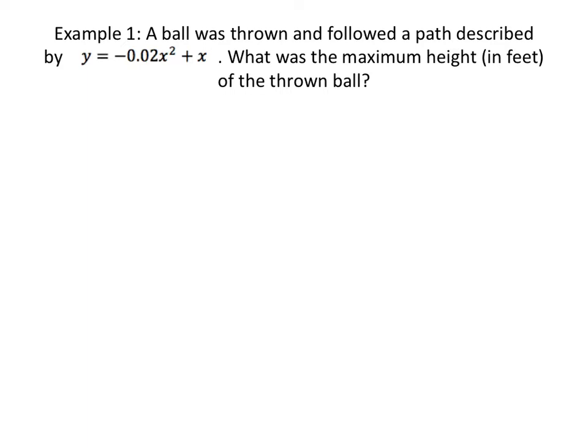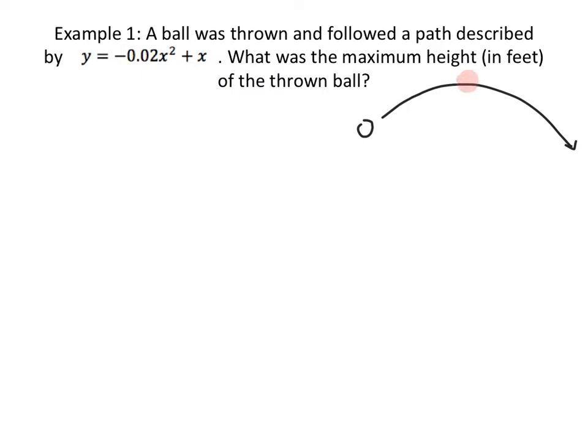Example 1, a ball was thrown and followed a path described by this equation. What was the maximum height in feet of the thrown ball? So like I said earlier, the ball is thrown, it follows a path that looks something like this, right? So we should know that the maximum height is going to occur at this spot right here.